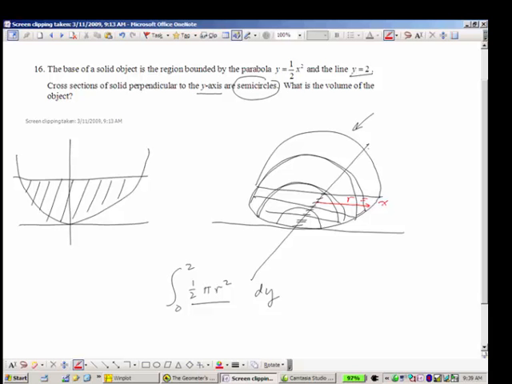Well, we know a relationship between x and y. So I guess x is equal to root 2y.